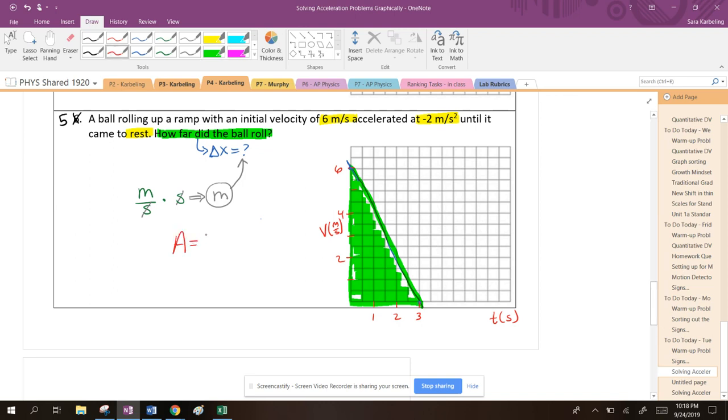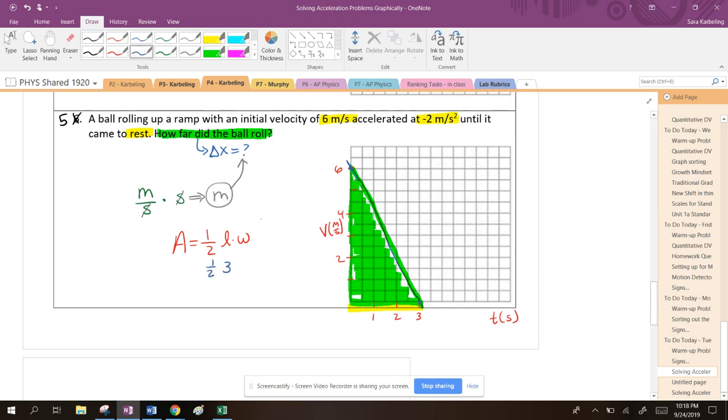Now we've got an area of a triangle. You'll recall from geometry that the area of a triangle is 1/2 the base times the height. So we can take a look here and figure out what those values are going to be. So the base of this triangle, that's going to be 3.